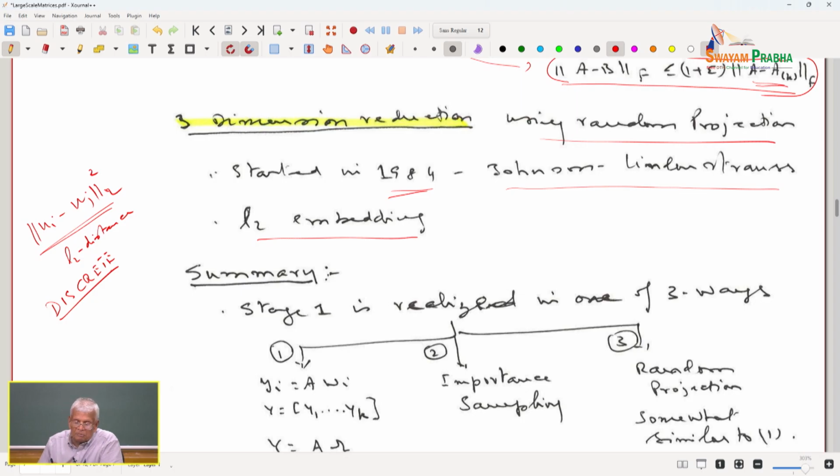L2 embedding in discrete geometry, L1 embedding in discrete geometry, these are interesting areas that data scientists borrow from to solve problems of interest here. Please understand, the title of the course is Mathematics of Data Science. So, I am trying to provide the mathematical areas that have impact on data analysis.